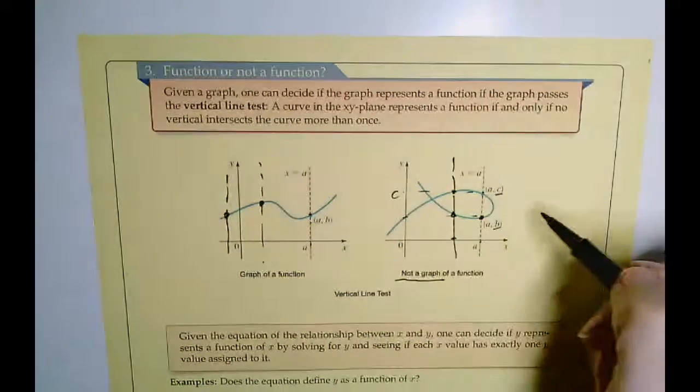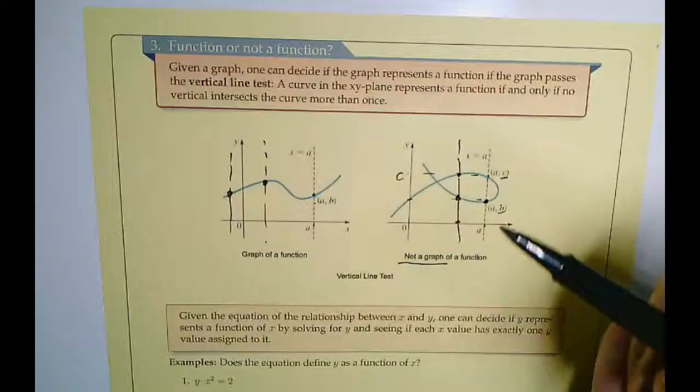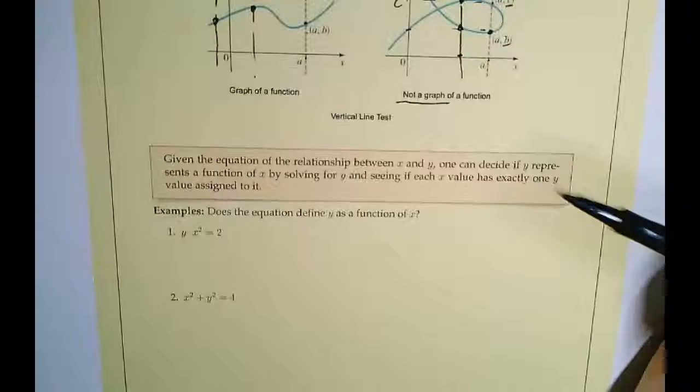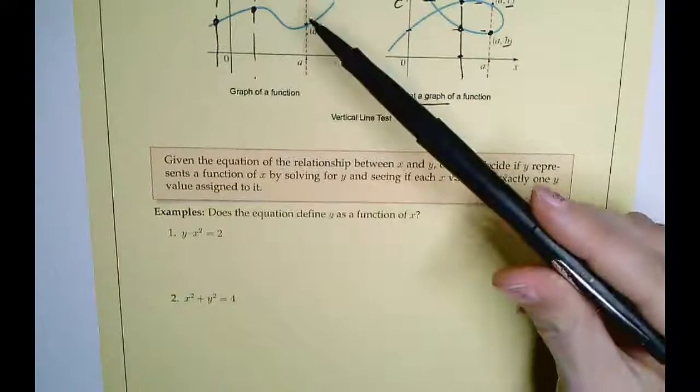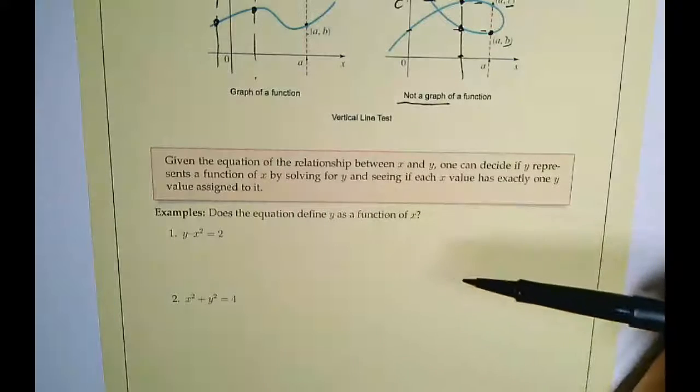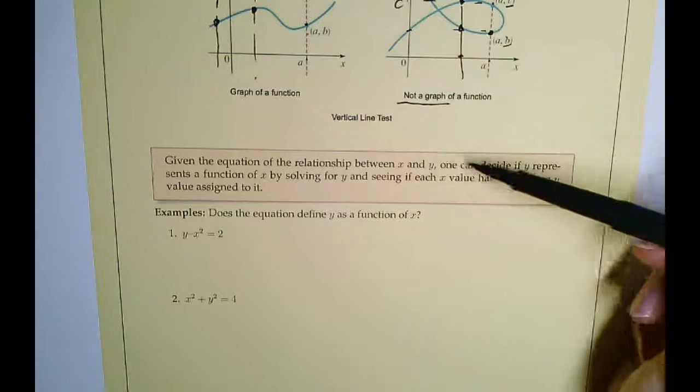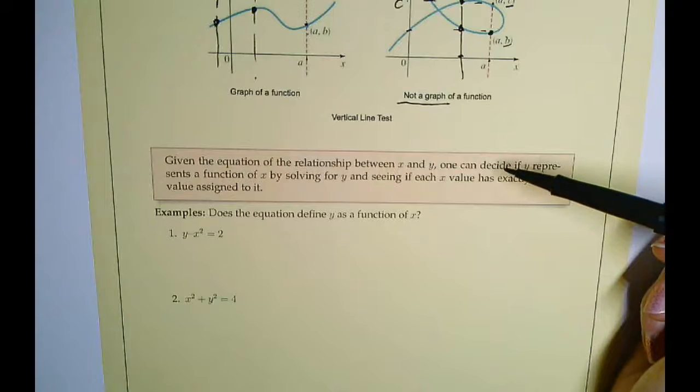So this is not a function. But how do we decide, given an equation, not a graph, of a relationship between x and y, whether it represents a function or not?